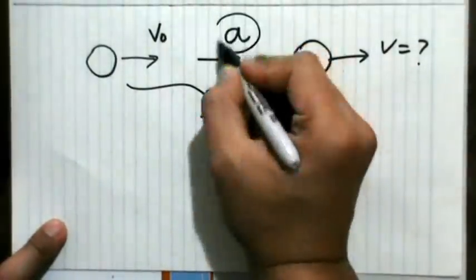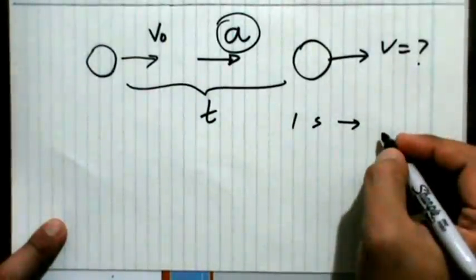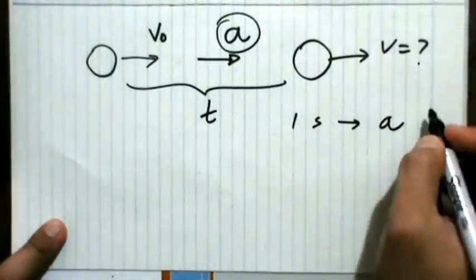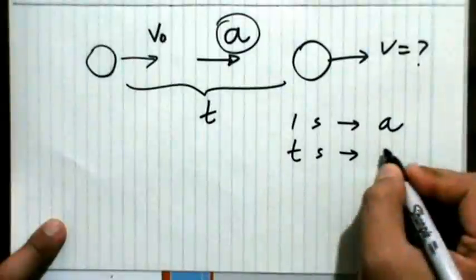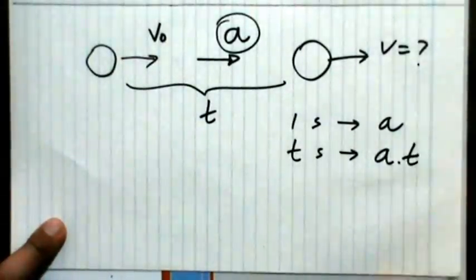Here again, a means that in 1 second the speed will increase a, and after t seconds the speed will increase a times t.